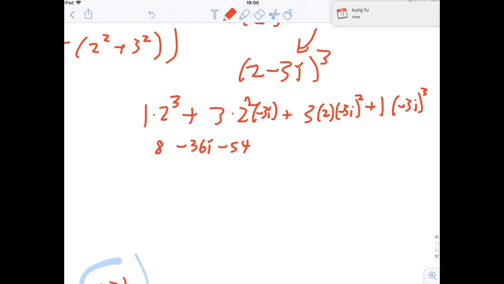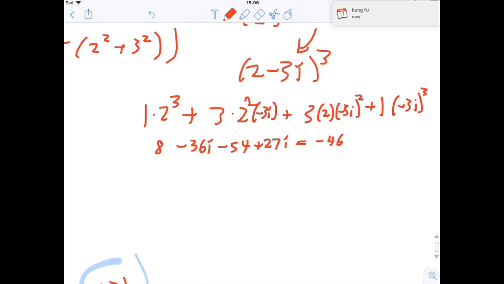Okay, I think that's right. And then the last one is going to be negative 3 cubed is negative 27. i cubed is, i squared is negative 1, so i cubed is negative i. So let's combine those. We have 8 minus 54, that's negative 46.